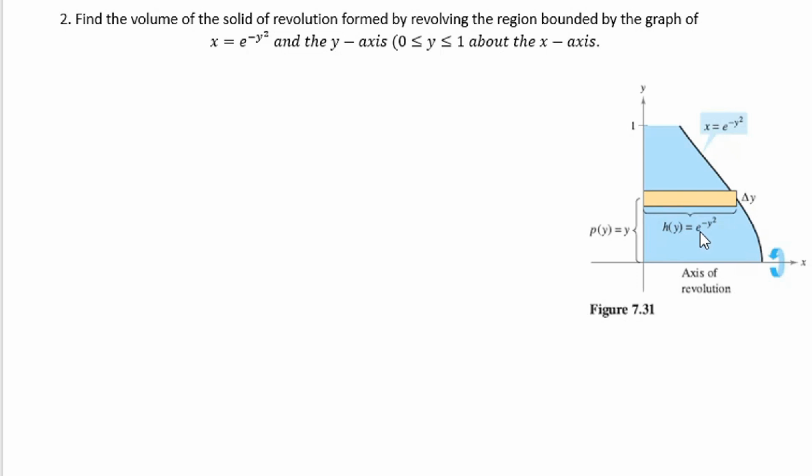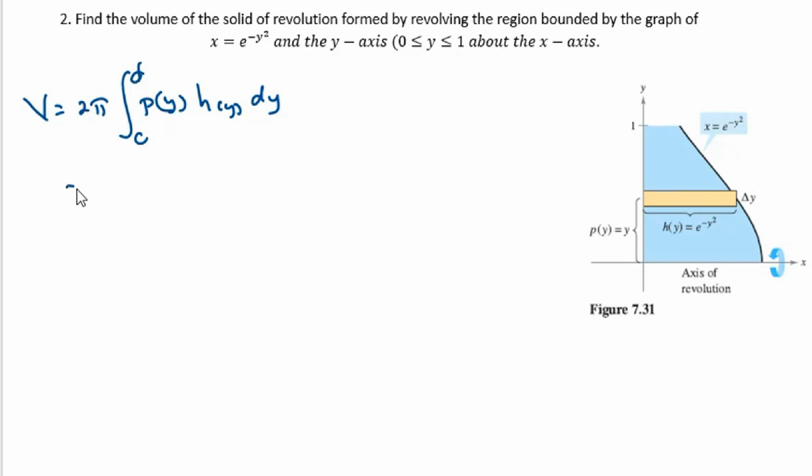Because y ranges from 0 to 1, the volume of the solid can be written as V equals 2 pi times the integral of p of y times h of y dy from c to d, where c is 0 and d is 1.